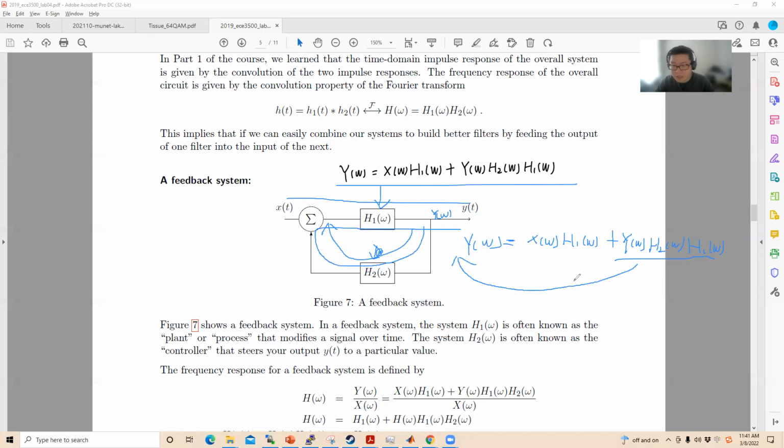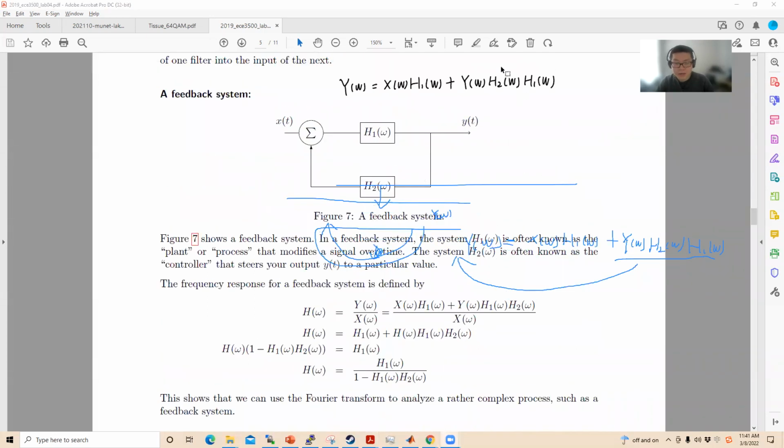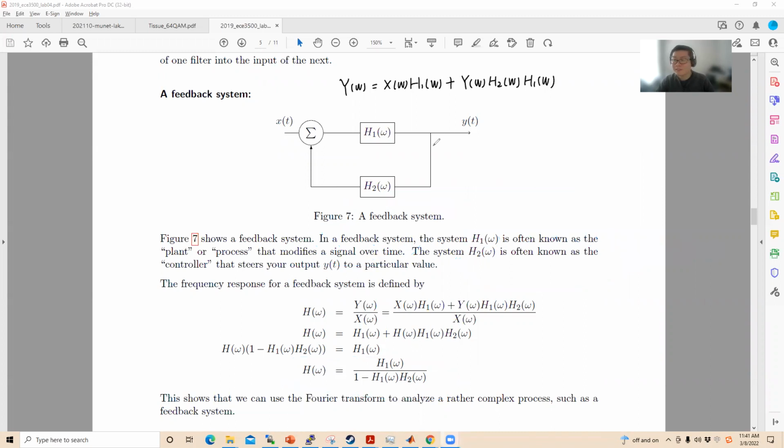If we move this part to here, I just change the order and do some calculation, we can see our final system response will be like this.